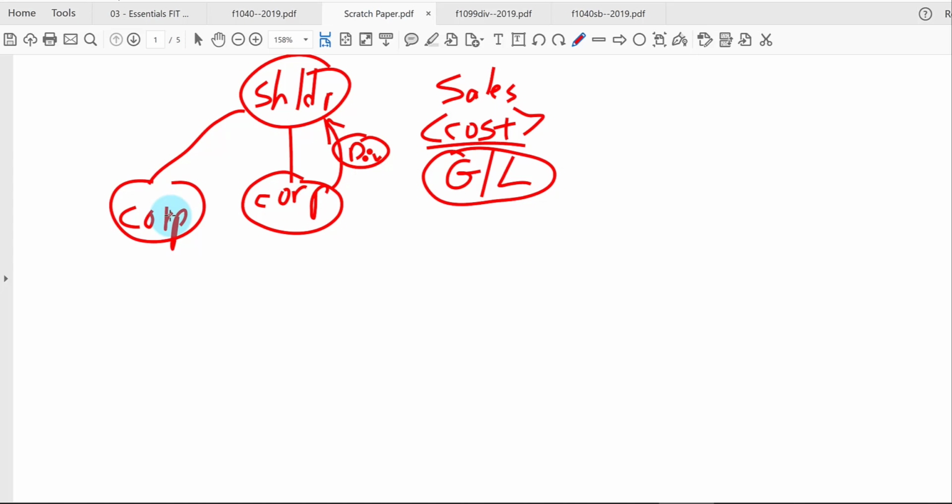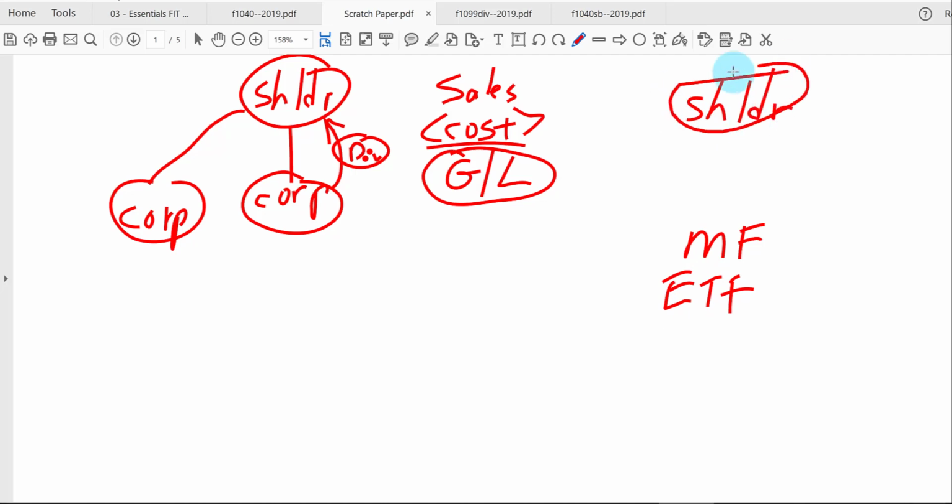A faster or maybe a more efficient way of owning shares of stock of corporations is not to buy from individual companies or individual corporate shares, but to own shares in what we call a mutual fund or exchange traded fund. So again, you're the shareholder and you're buying shares not directly from a corporation, but from this organization called a mutual fund or exchange traded fund.